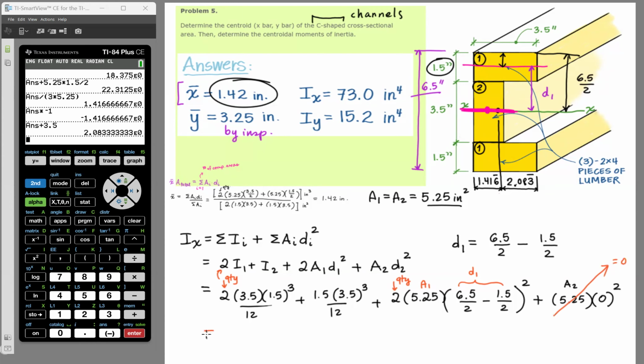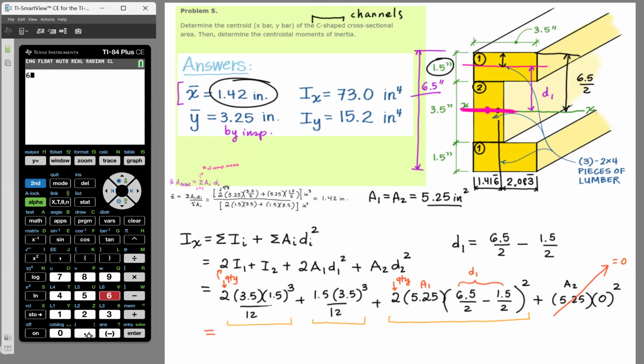Right, calculator. How am I going to do this one? Let's see. I'm going to do this one first. I usually do the most complex term first, and then the ones that are more straightforward after that. So I'm going to kind of work backwards. So I'll do 6.5 divided by 2 equals minus 1.5 divided by 2 equals, square it, times 5.25 times 2 equals, plus, and I'm going to do the term in the middle now, 1.5 times 3.5 cubed divided by 12.